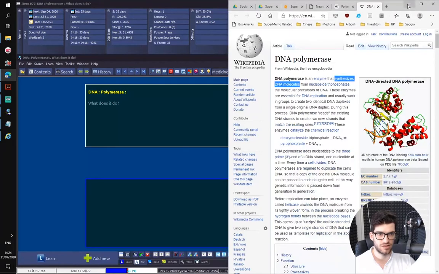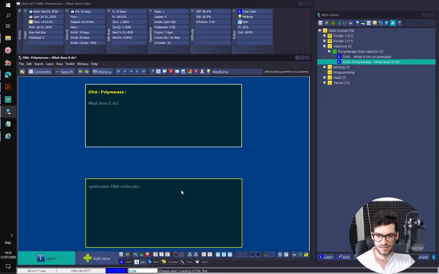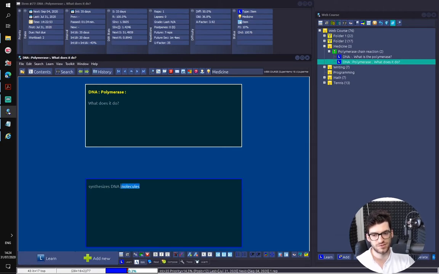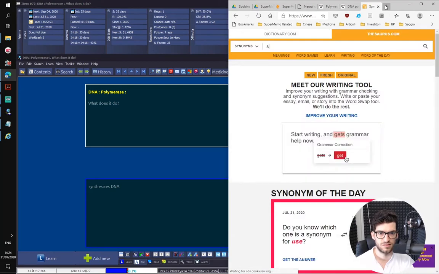Synthesize DNA molecules. And in this particular case, take away molecules, because you do not actually know the molecule definition. And you say, oh, I do. No, you don't. You don't even know what synthesizes means. Okay, so let's do the perfect formulation, because synthesize.